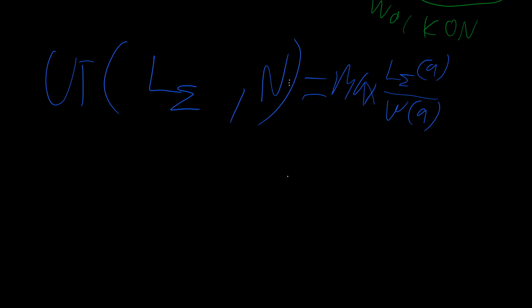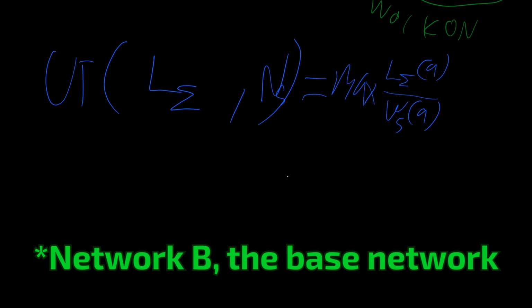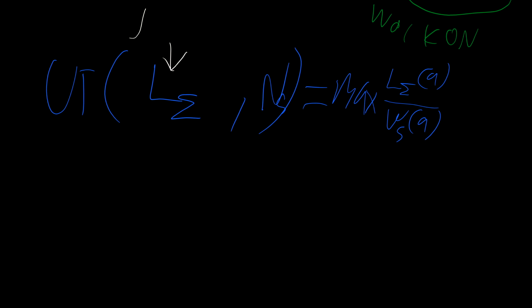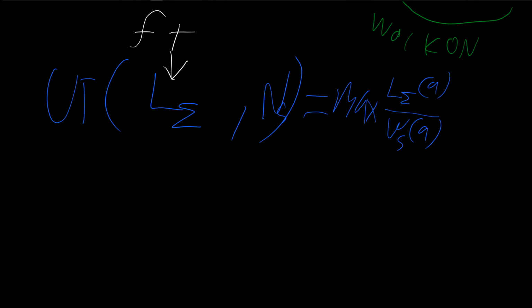Now I'm going to do something a little strange, and I'm just going to put a little subscript S. You might be like, what are you doing that for? It's going to be useful to give that a different name than load B. Now, also let's go ahead and break up load sigma. Well, part of it is the flow, we'll just call that F, plus the load of the obstruction.